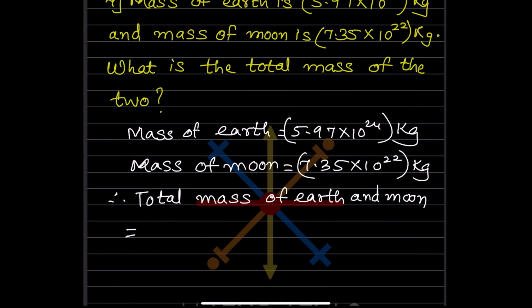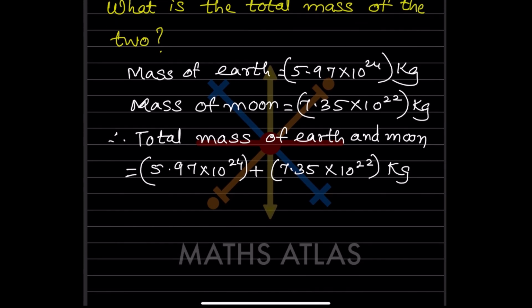So this will be 5.97 into 10 raised to 24 plus 7.35 into 10 raised to 22. This is in kilogram. So now we can write this one, 5.97, we can write as 597 divided by 100, because after decimal there are two numbers, into 10 raised to 24. Now 7.35 we can write here 735 divided by 100 into 10 raised to 22.